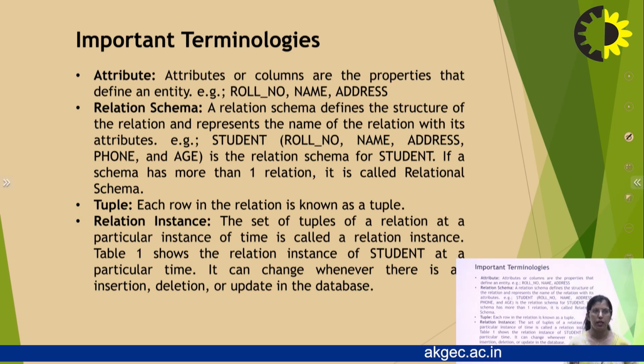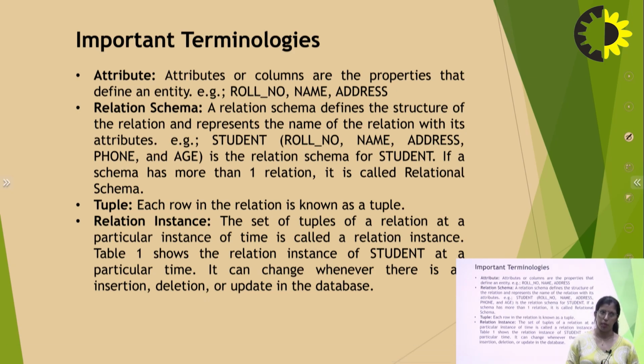For example, for a student table, roll number, name, address, phone, age is the relational schema for the particular relation student. If a schema has more than one relation, it is called a relational schema. Tuple: each row in a relation is known as a tuple. Relation instance: the set of tuples of a relation at a particular instance of time is called a relation instance.